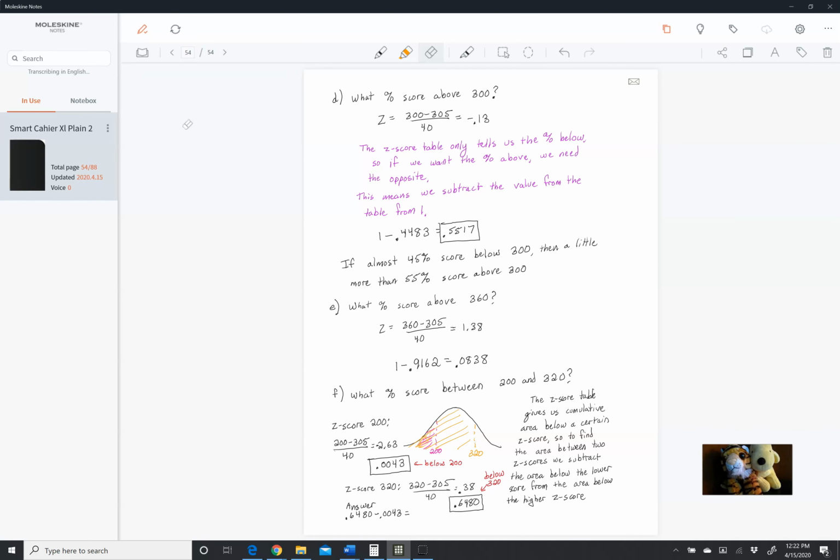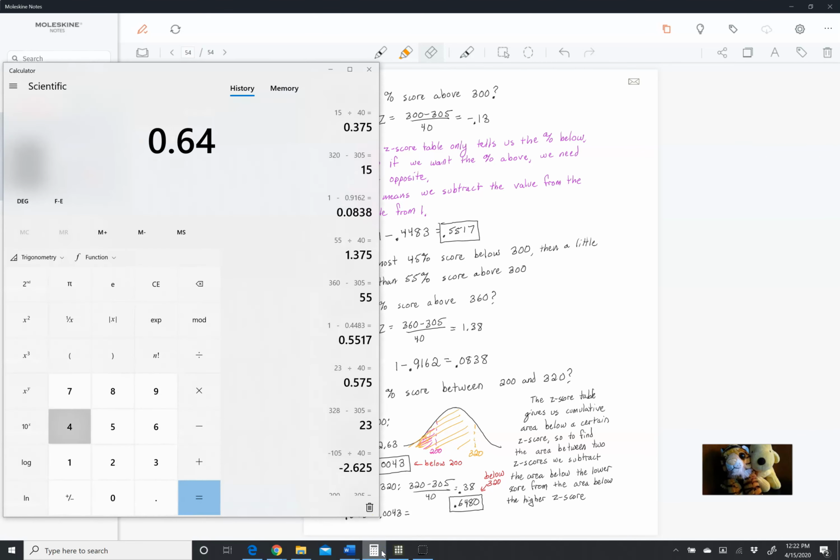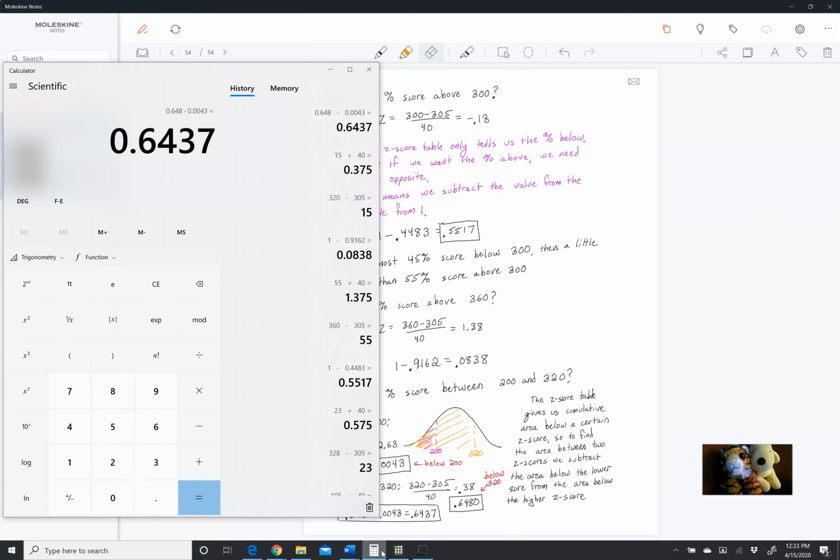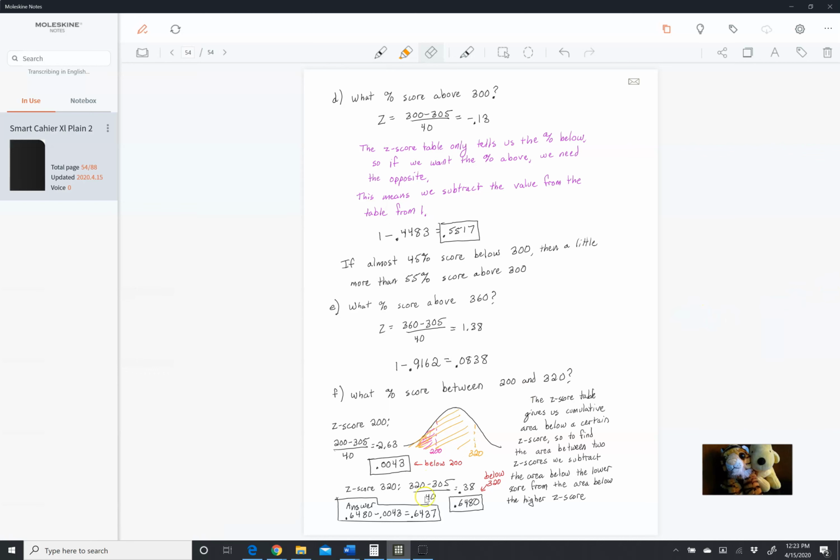That's going to be our answer. And we get 0.6437. That's our answer. So we take the larger minus the smaller.